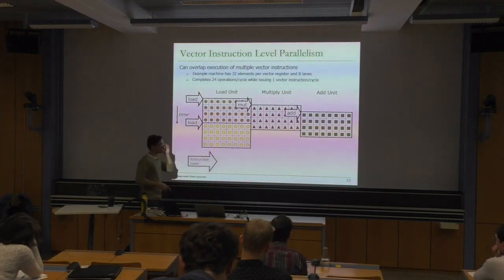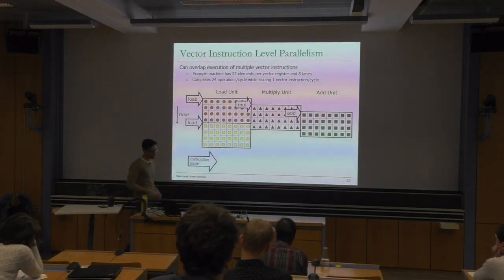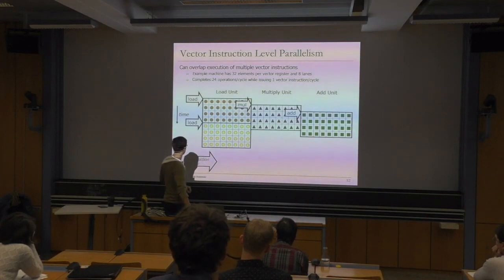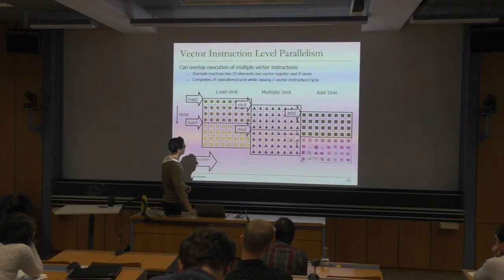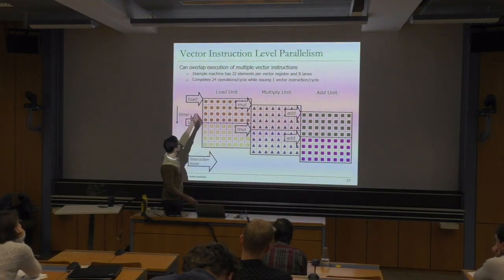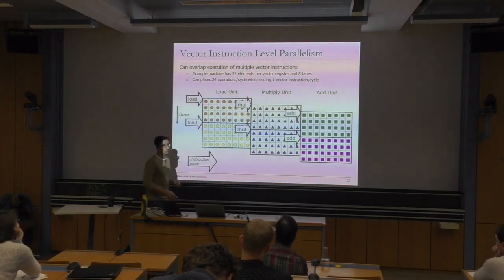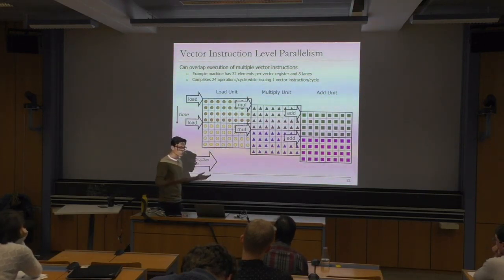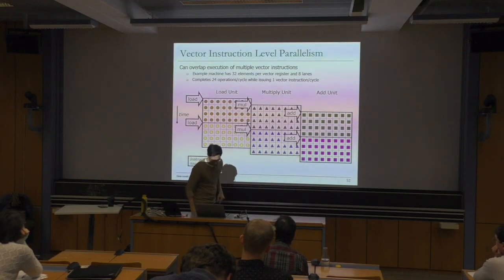Right? Okay. We will see this slide again later. As you can see here, in one single cycle, for example this one, we are performing 24 operations. We are operating on 24 input operands.